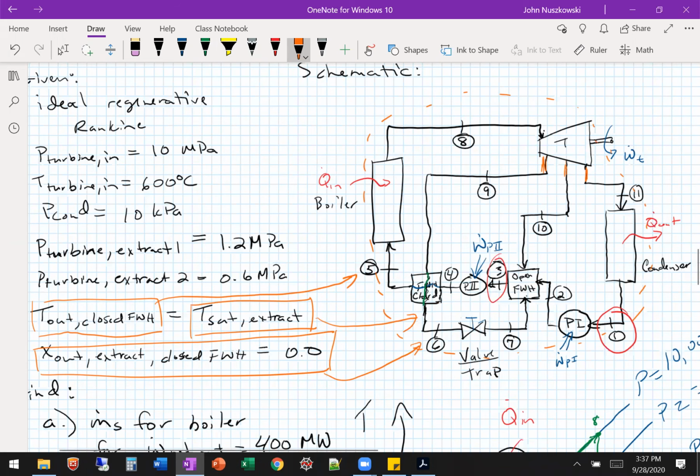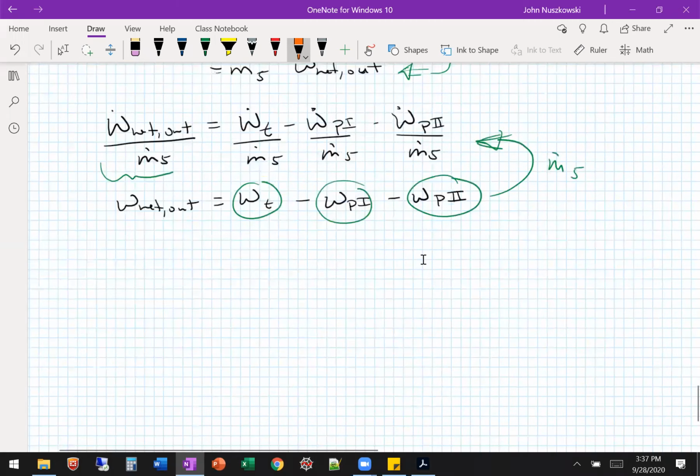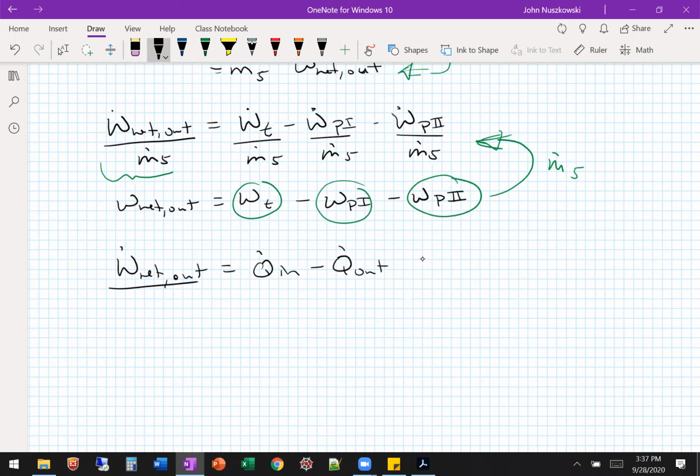So the work net out is Q in minus Q out, but we still have to, again, divide by mass flow rate 5.